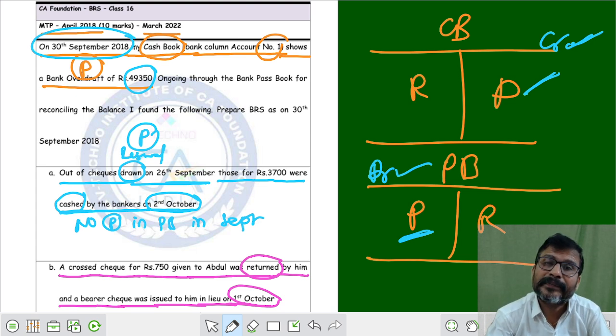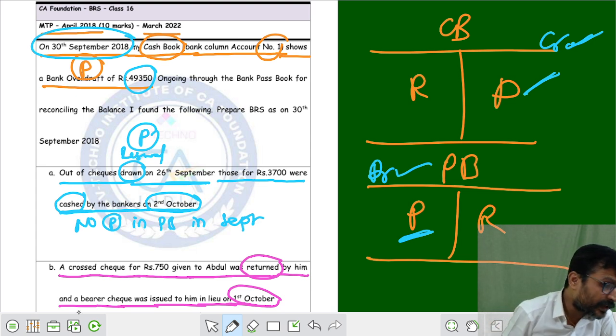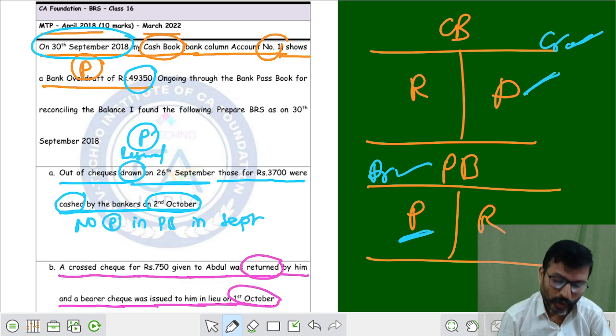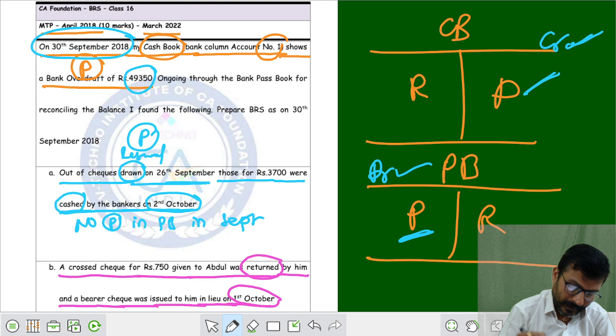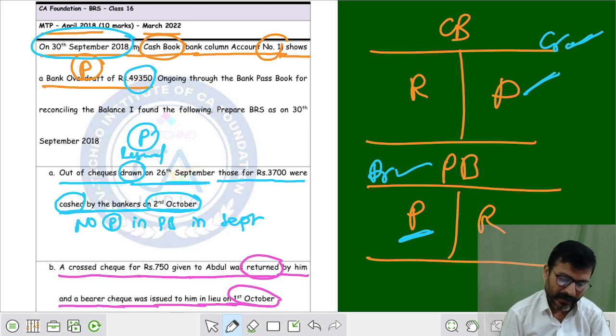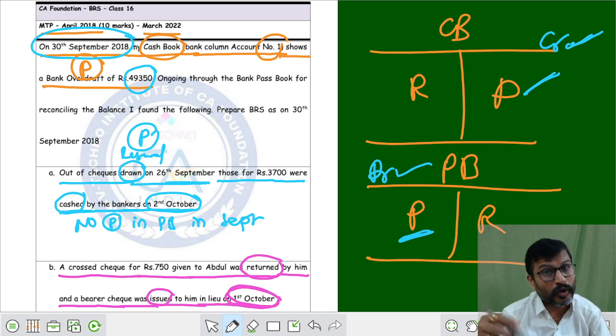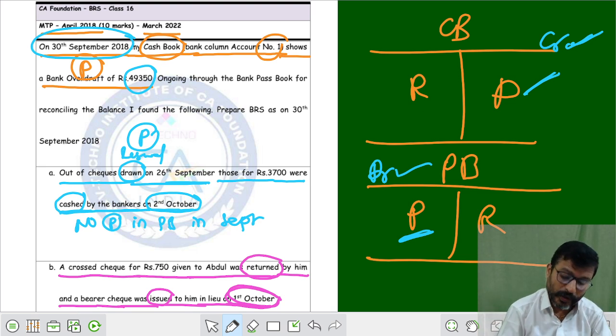What have you done? A check was given to Abdul, which was returned by him. After that, we gave one more check. We issued one more check. When? On 1st October, in October you have issued a new check.